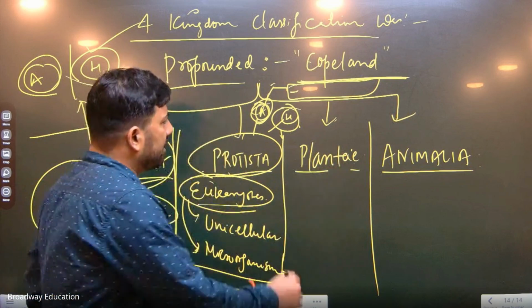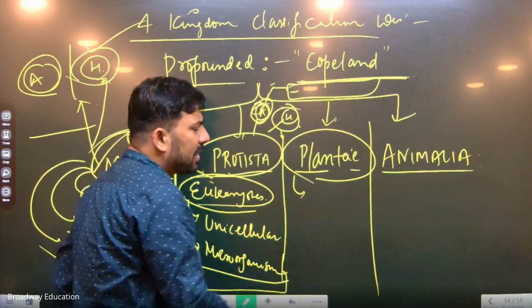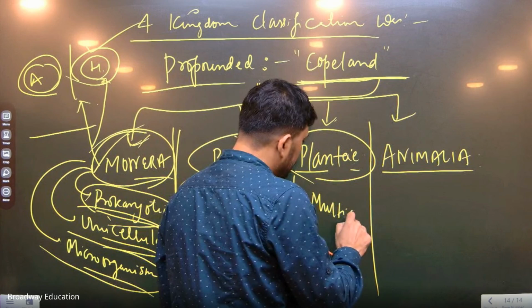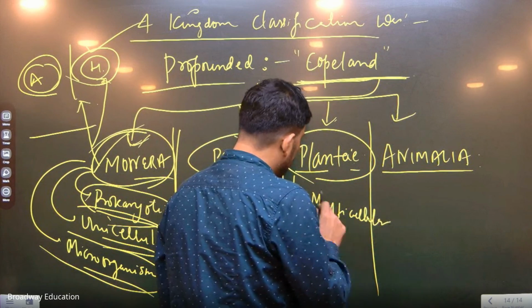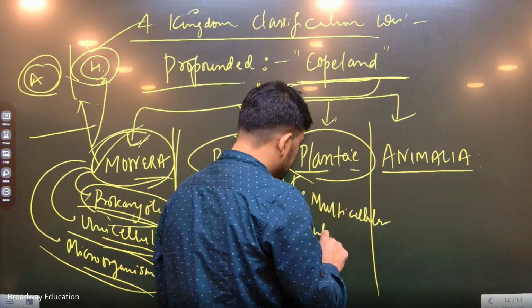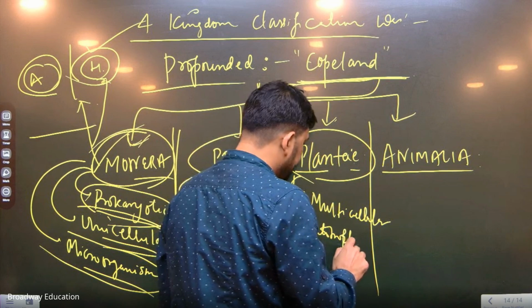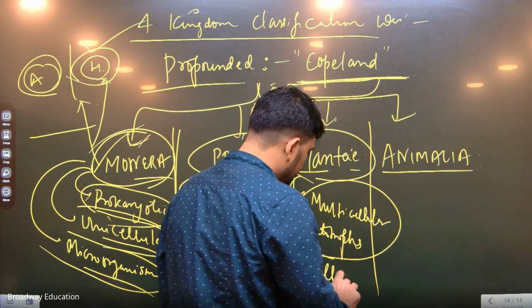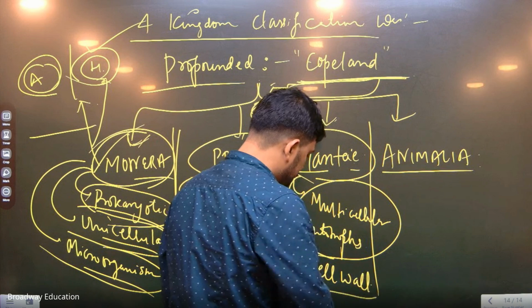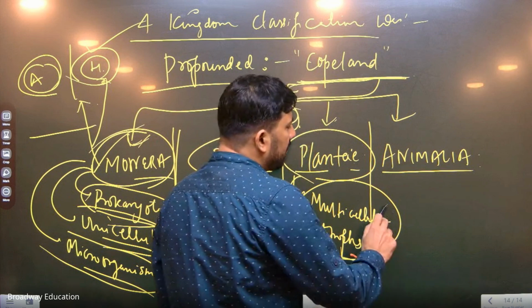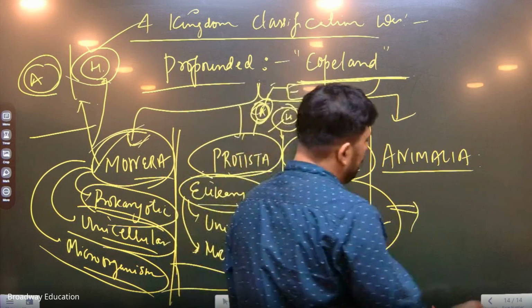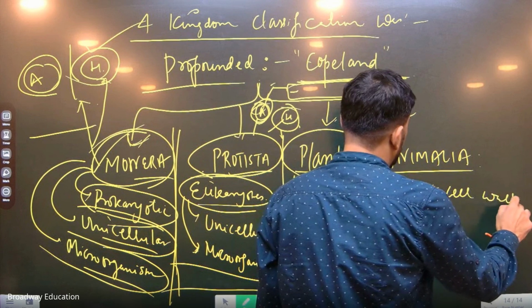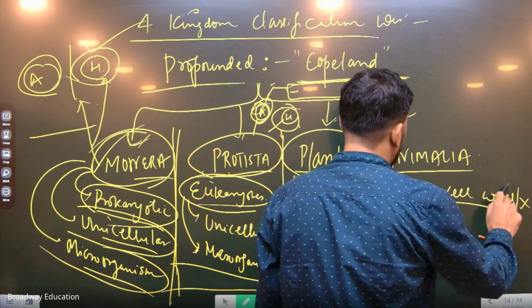Now, after this, you can write plantae. In the plantae, please write multicellular, autotroph, with cell wall. In the animalia, please write no cell wall.